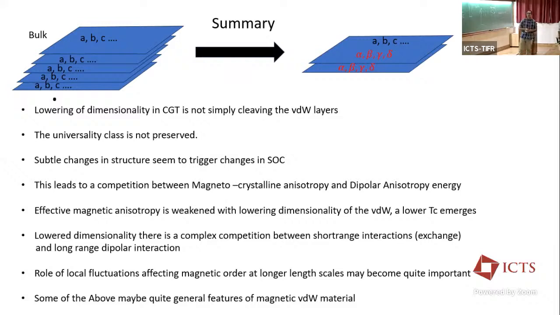The critical universality class can completely change, and at these lower dimensions, there are unusual effects which you must take into account to understand the physics that is emergent inside these 2D systems with lowering dimensionality. So with that, thank you.